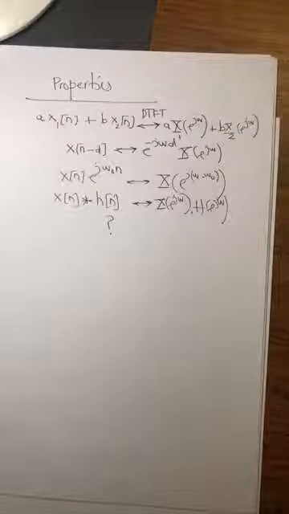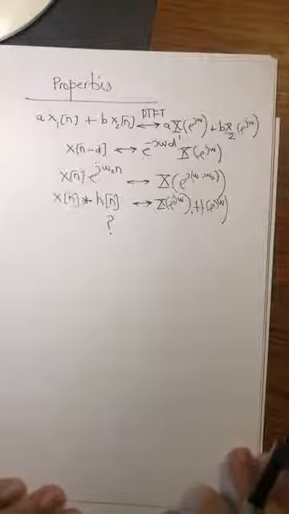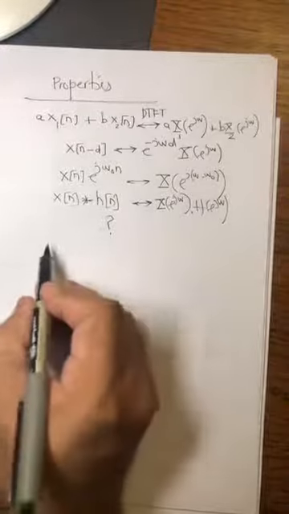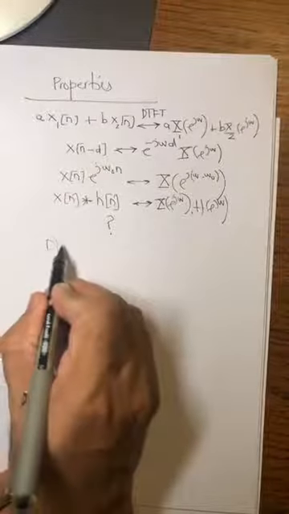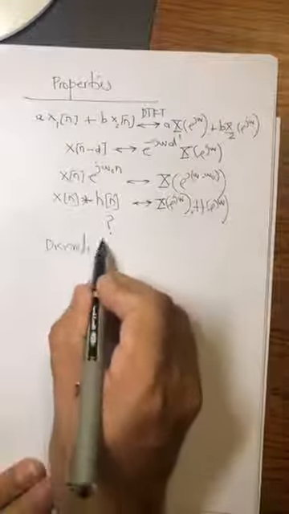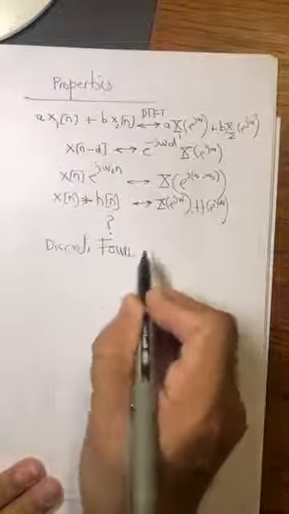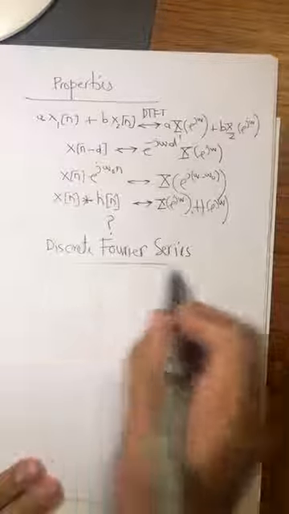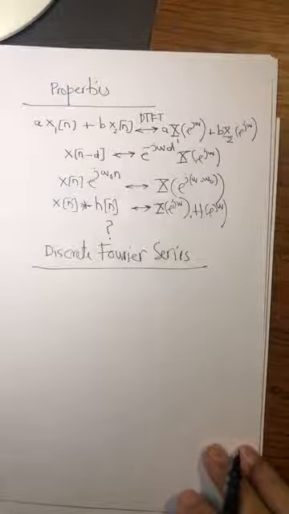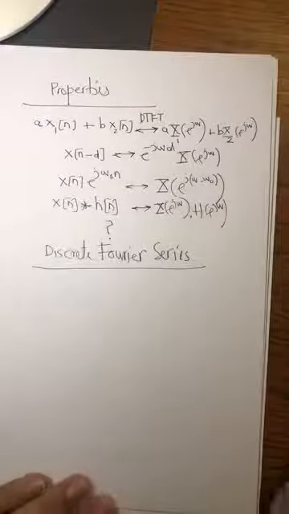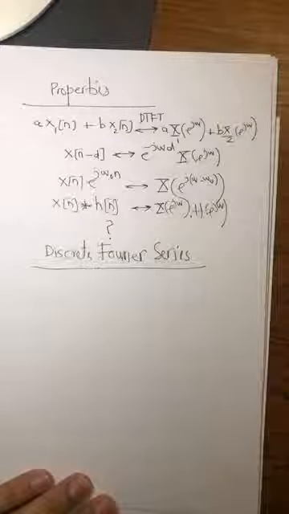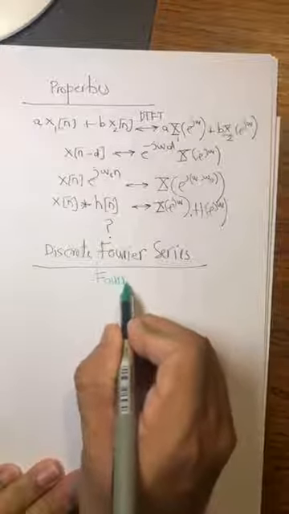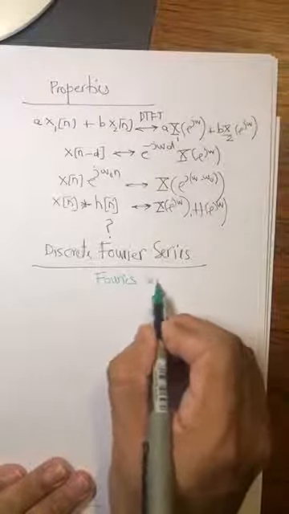They start the chapter on discrete Fourier transform by talking about the discrete Fourier series. If you remember Fourier series, you have studied it in so many courses, and still people are not sure what Fourier series is.